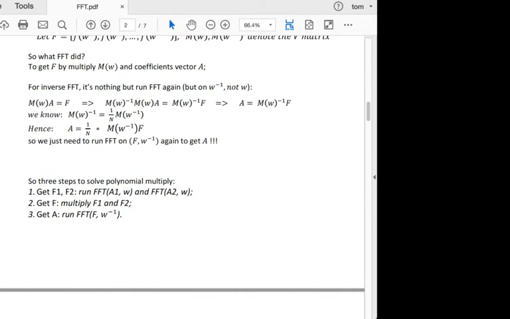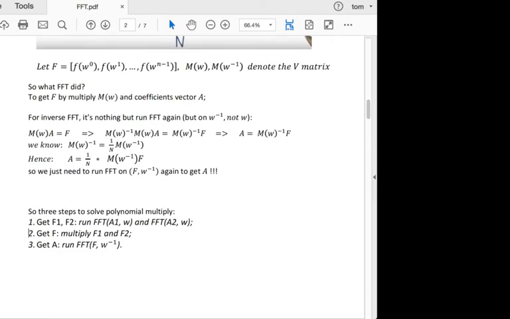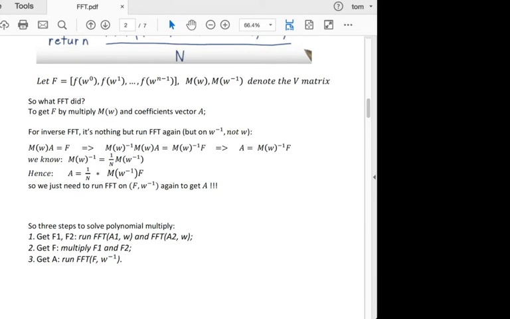And I concluded some steps here to solve the polynomial multiplication. The first step is to get f1 and f2. F1 and f2 are like this one. The notation is here. Basically, it's the value domain vector of n distinct points.